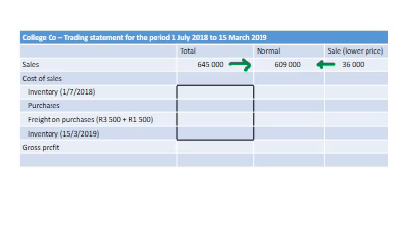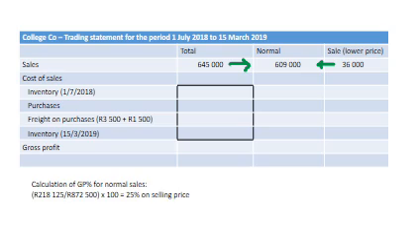But remember, I didn't have the gross profit percentage for my normal sale, so I'm going to calculate that first. Using the previous terms, gross profit divided by sales, because the question says they use the gross profit based on sales, and I get 25% on selling price that will be used for normal sales.